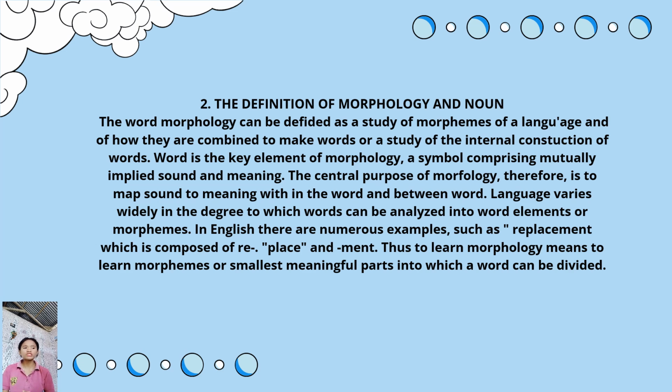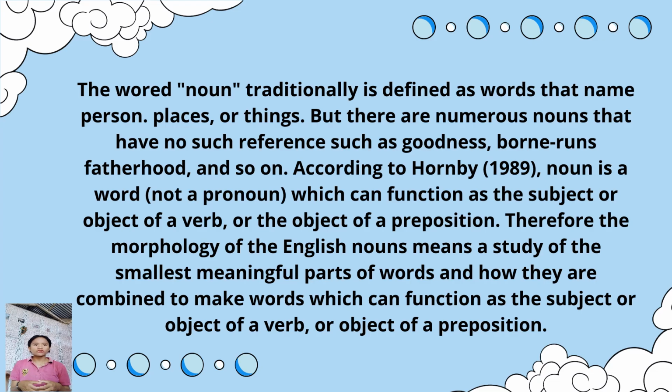Thus, to learn morphology means to learn morphemes, or the small, meaningful parts into which a word can be divided. The traditional noun is defined as words that name a person, place, and things. But there are numerous nouns that have no such reference, such as goodness, boundless, fatherhood, and so on.